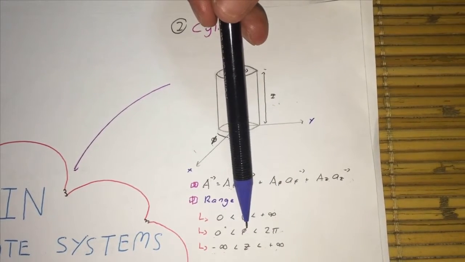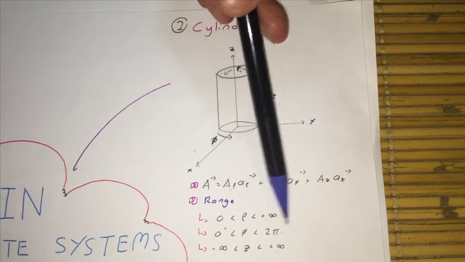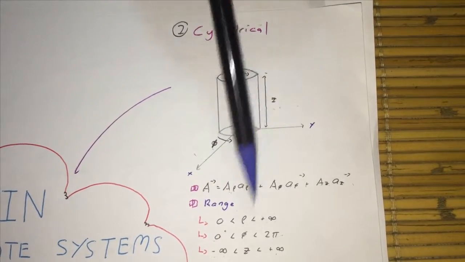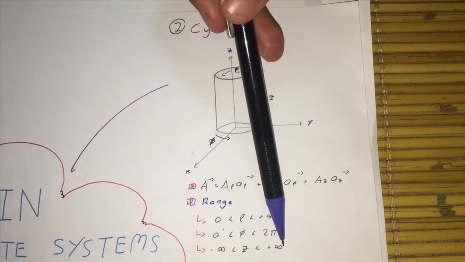For V, from 0 to 2 pi. And lastly for Z, negative infinity to positive infinity.